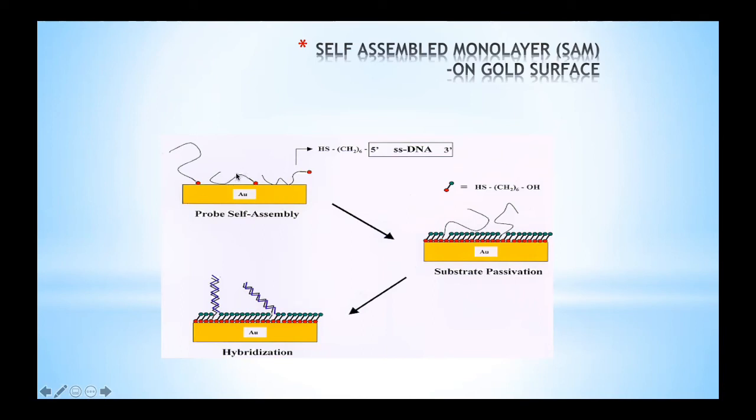So in order to avoid this kind of behavior, this kind of problem, we need to have substrate passivation. The substrate passivation can be done by treating the gold surface with a compound. For example, here we use alkane thiol. So the thiol group will be attached to the surface of the gold, and we have the alkane group on top of the gold surface, right?